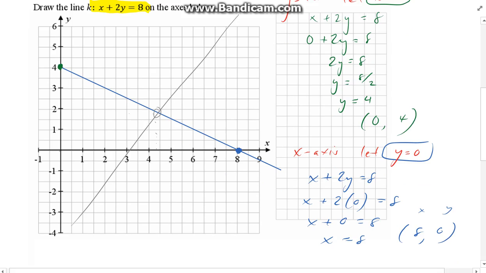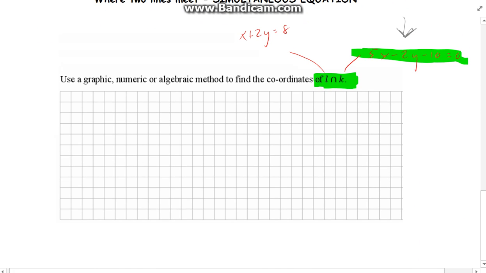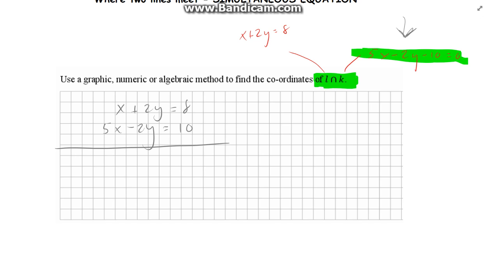So, simultaneous equation, I have two equations. I have x plus 2y equals 8 as my first equation, and my second equation is 5x minus 2y. It was minus 10, but I'm going to bring the 10 across, so equals 10. So it changes. Okay, so with a simultaneous equation, you need to get rid of your x's or your y's.